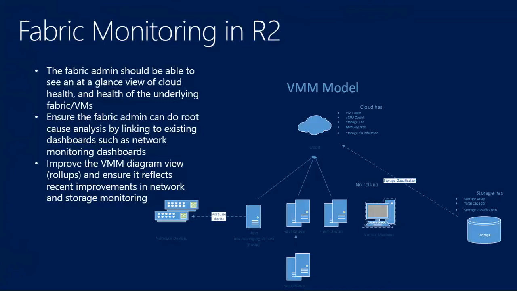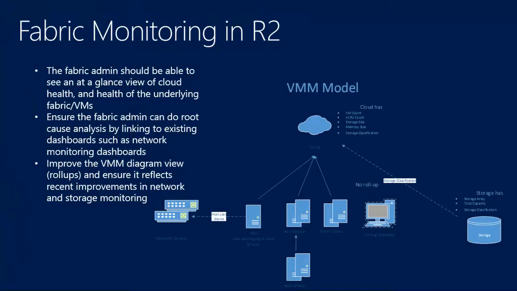So with Fabric monitoring, for the private cloud and your VMM setup, we wanted to really increase our integration with VMM. We wanted to make sure that not only can you get insight into the host machines that you're running your virtual fabric on top of, but that if you're, say, a Fabric admin and you want to make sure that your tenants are getting the usefulness that you're promising to them, you can have a view that groups your resources into clouds.